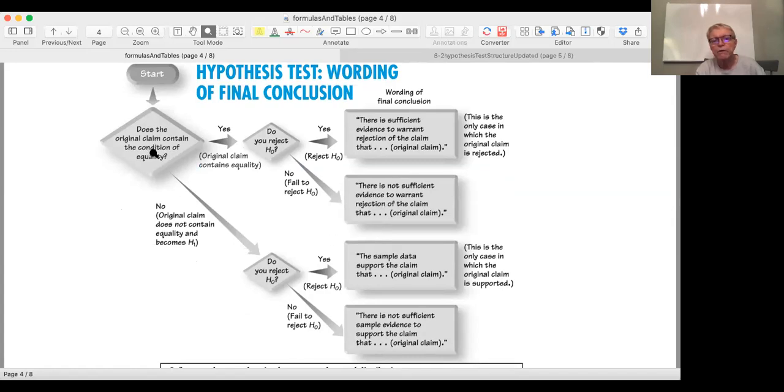If it did not include equality and we rejected, this is the wording. If it did not include equality and we failed to reject, this is the wording. The only one that is slightly different here is basically it doesn't say there's sufficient evidence to support the claim, okay? Other than that, it's still a true statement, okay?